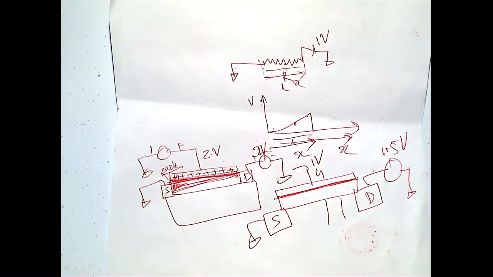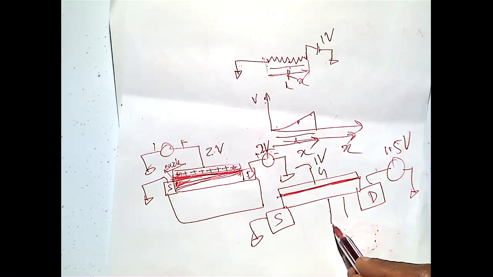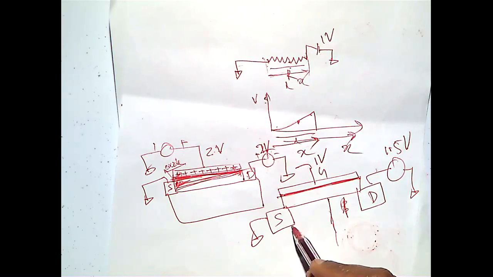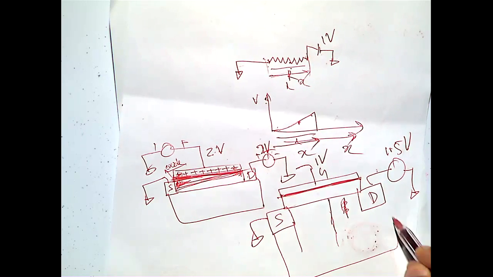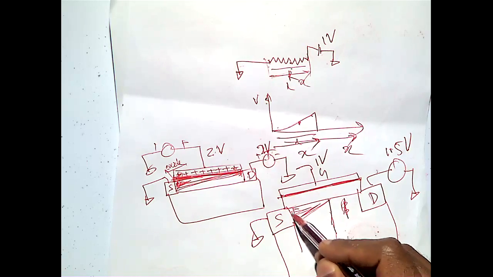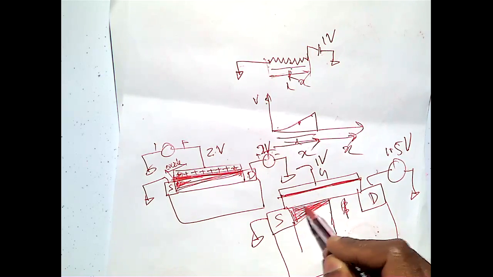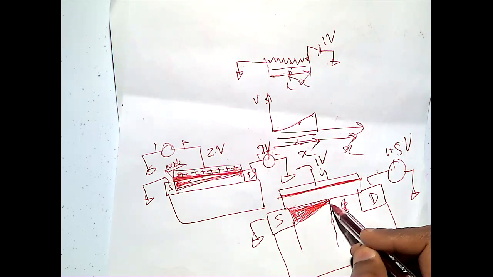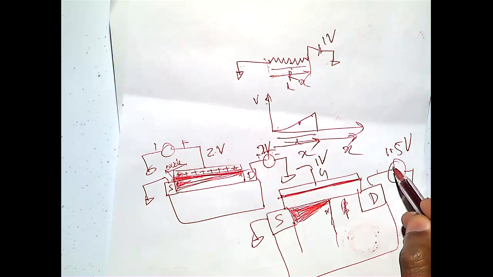So I already said this region is the drain, and here the electron density is like this. It's kind of an exaggerated drawing. The electron density is disappearing because this is 1 volt, here also 1 volt, and here 1.5 volt.